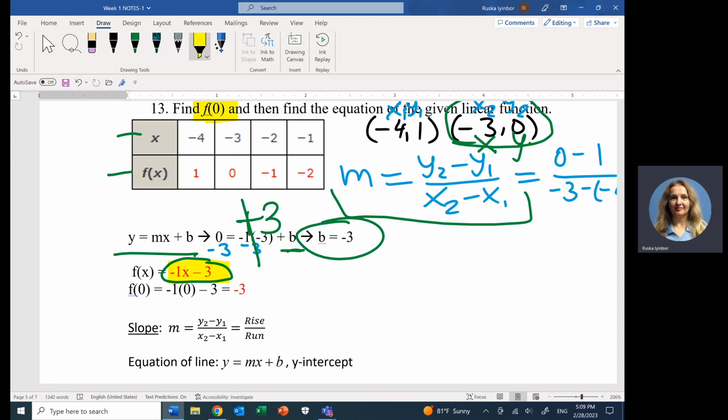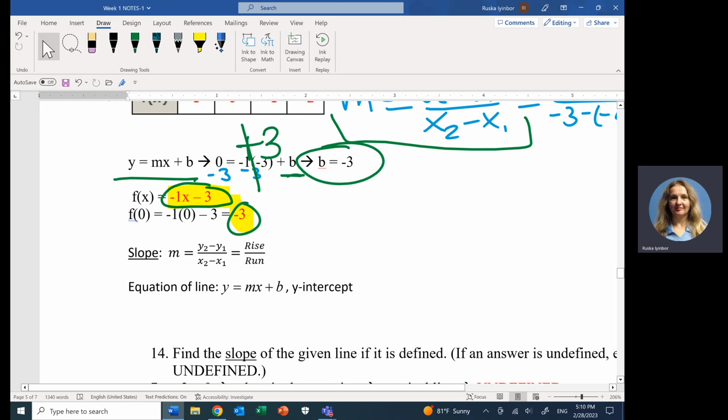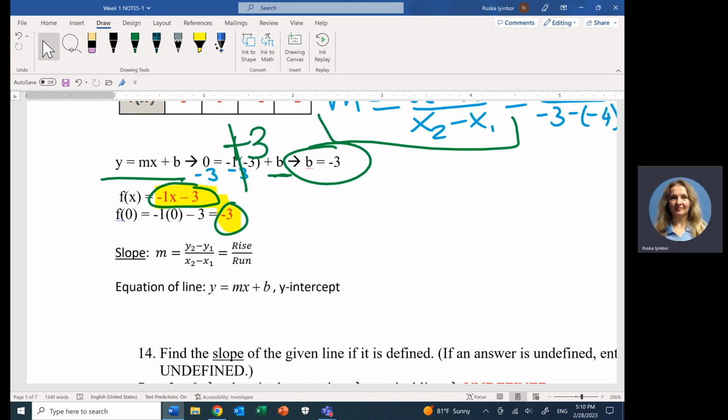So it's -1 times 0 minus 3, which gives me -3. So the answer is just -3 for the second answer they're asking. And here I just included these formulas from algebra, the slope and the linear equation. Okay, so that's how you do this.